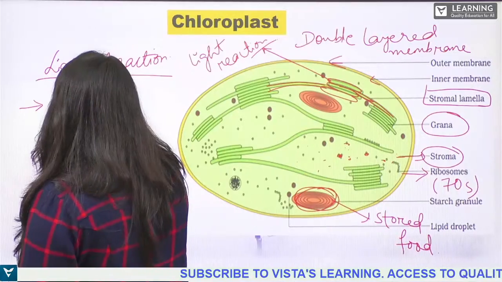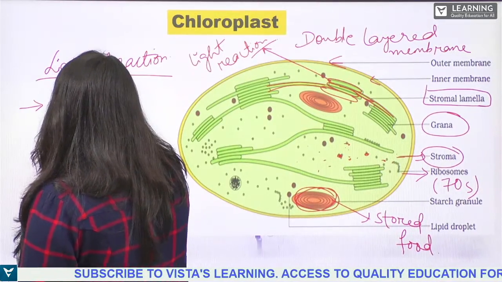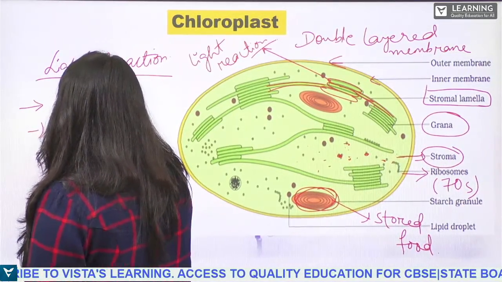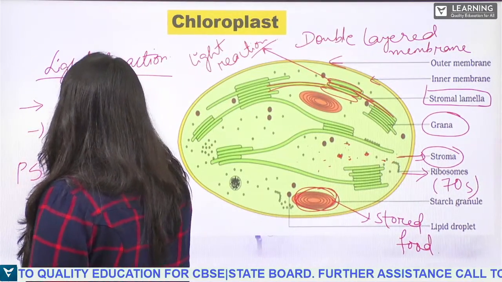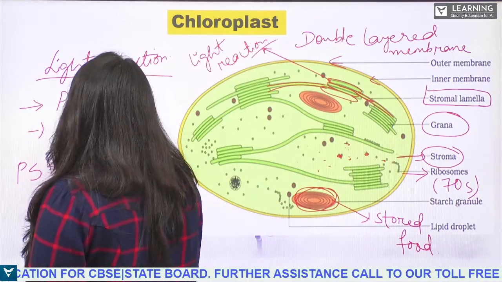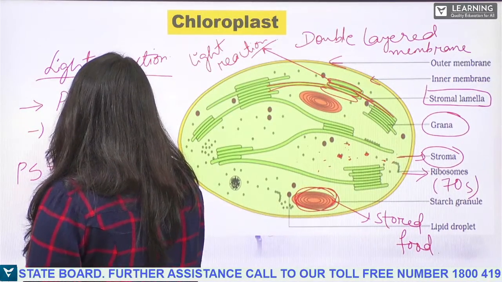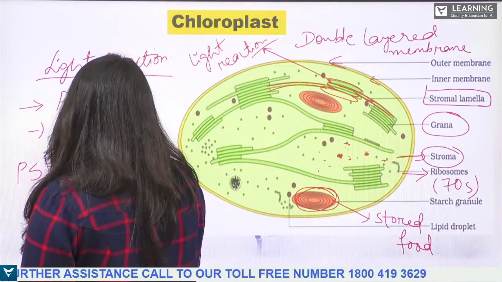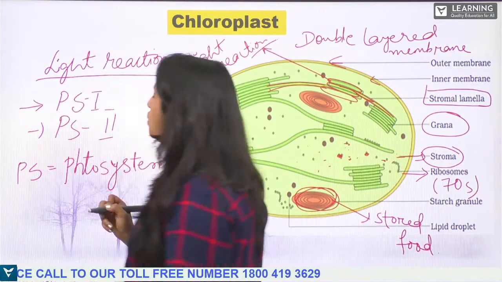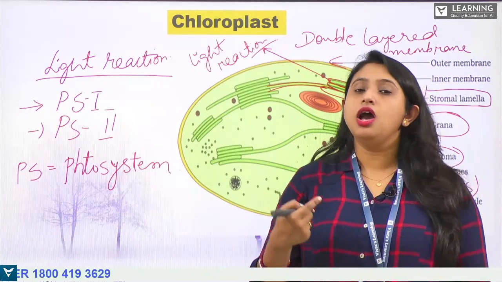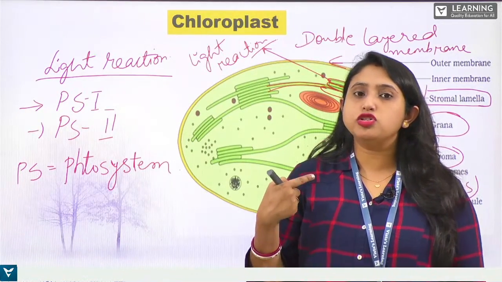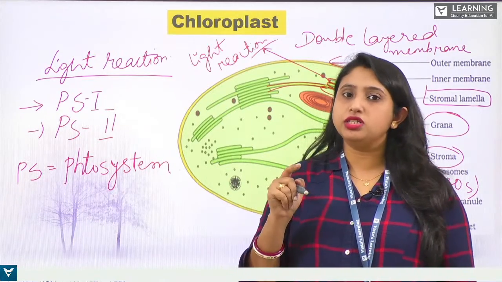Here we will be studying photosystem PS1 and PS2. PS means photosystem. Here you will see how the electrons are being transported.